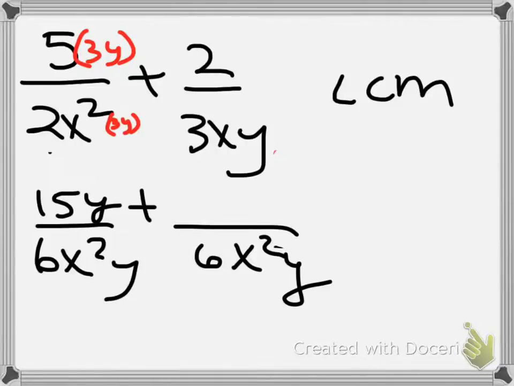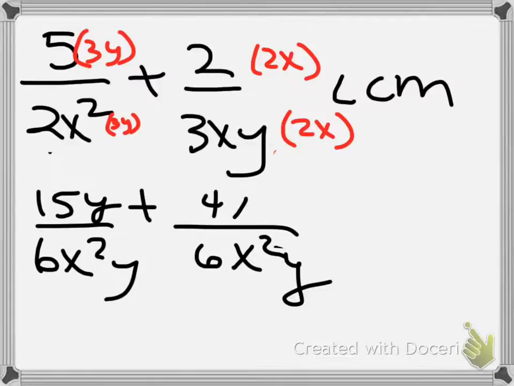Okay. So what do we multiply the 3xy by to get the 6x squared y? Just 2x, that's right. So I'm going to do it in a different color again. We're going to have 2x here and a 2x here. So then we multiply that together, and that becomes 4x. You with me so far?